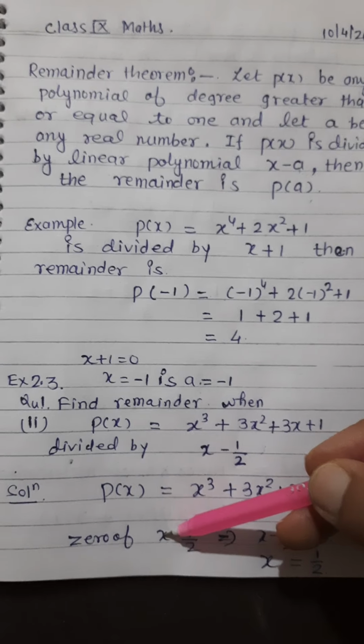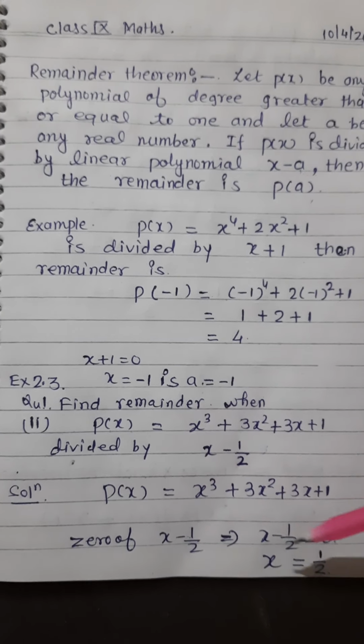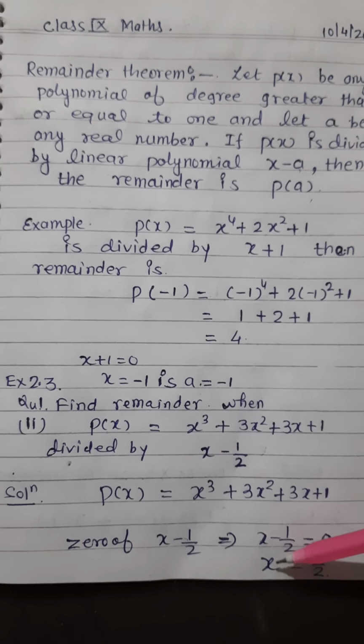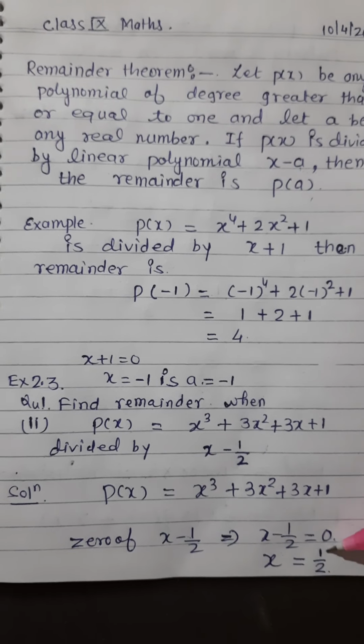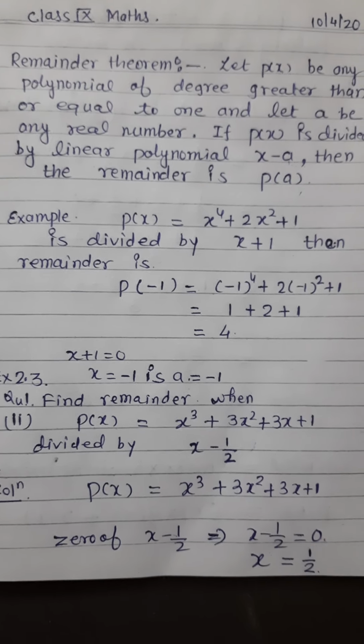First we put this x minus 1 upon 2 equal to 0. So we get the value of x. x is equal to 1 by 2.